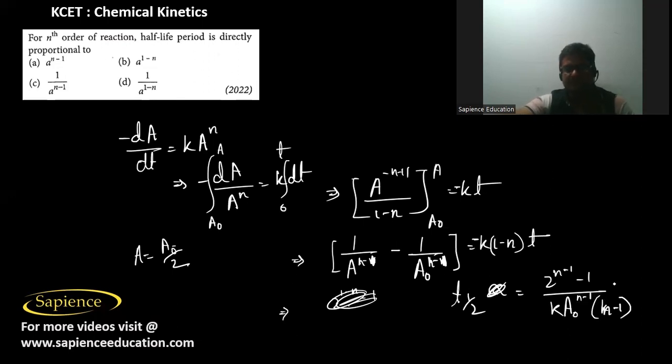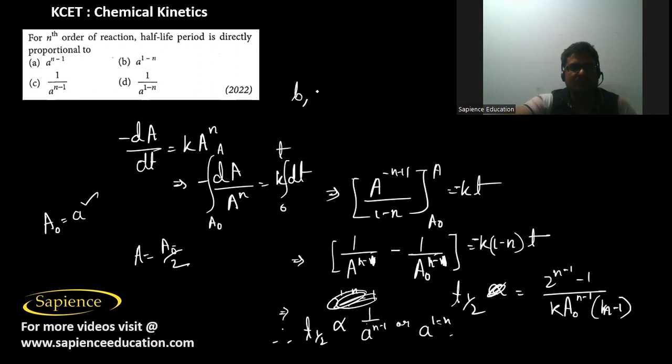So it means the half-life is inversely proportional to, let's say if we take the initial concentration a naught as a, then the half-life is proportional to 1 by a power n minus 1, or I can say it is proportional to a power 1 minus n. So options B and C both are correct.